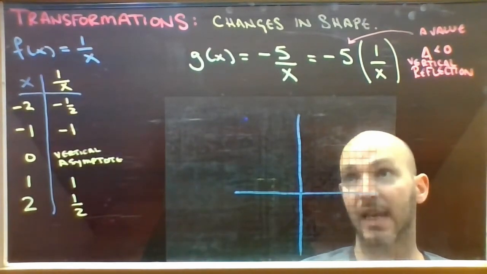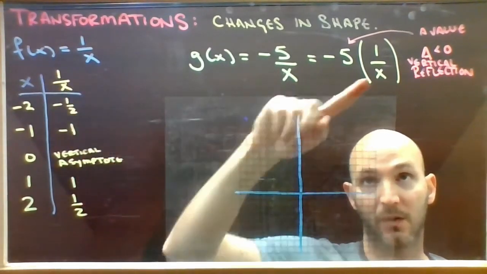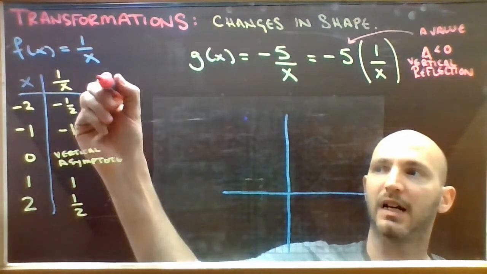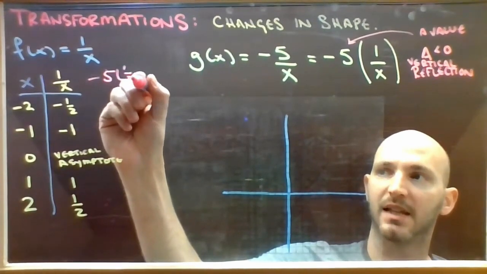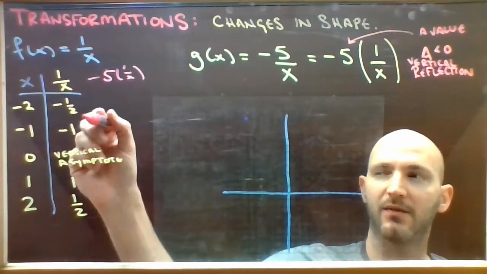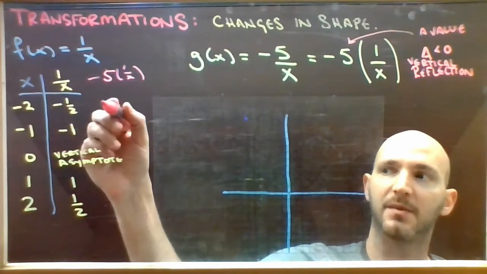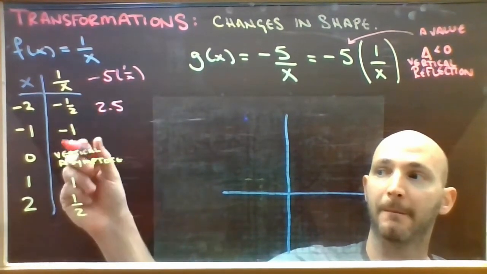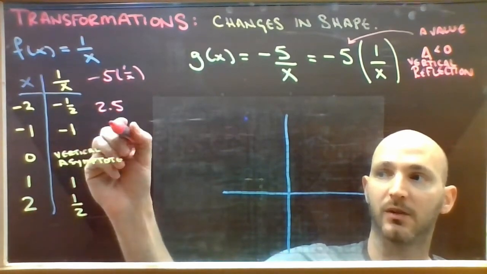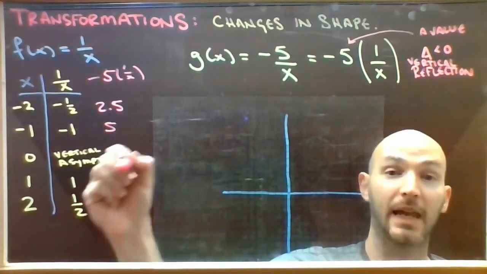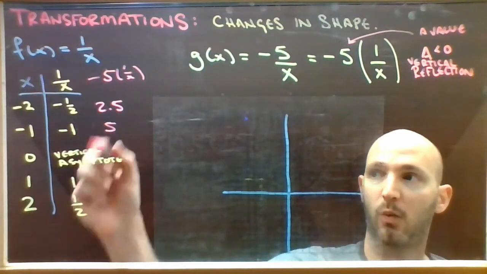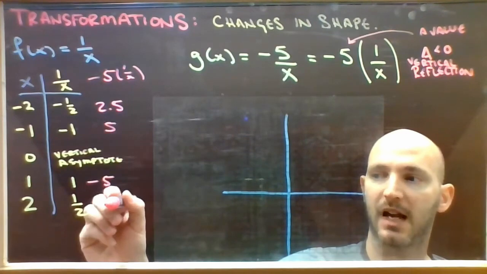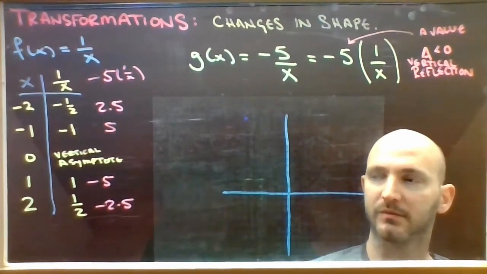What I'm trying to sketch is these numbers, 1 over x, but multiplied by -5. So if I do that, -5 times -1/2, well, negative times a negative is positive, and half of 5 is 2.5. 5 times 1 would be 5. This remains an asymptote. 1 times -5 is -5. And -5 times 1/2 would be -2.5.